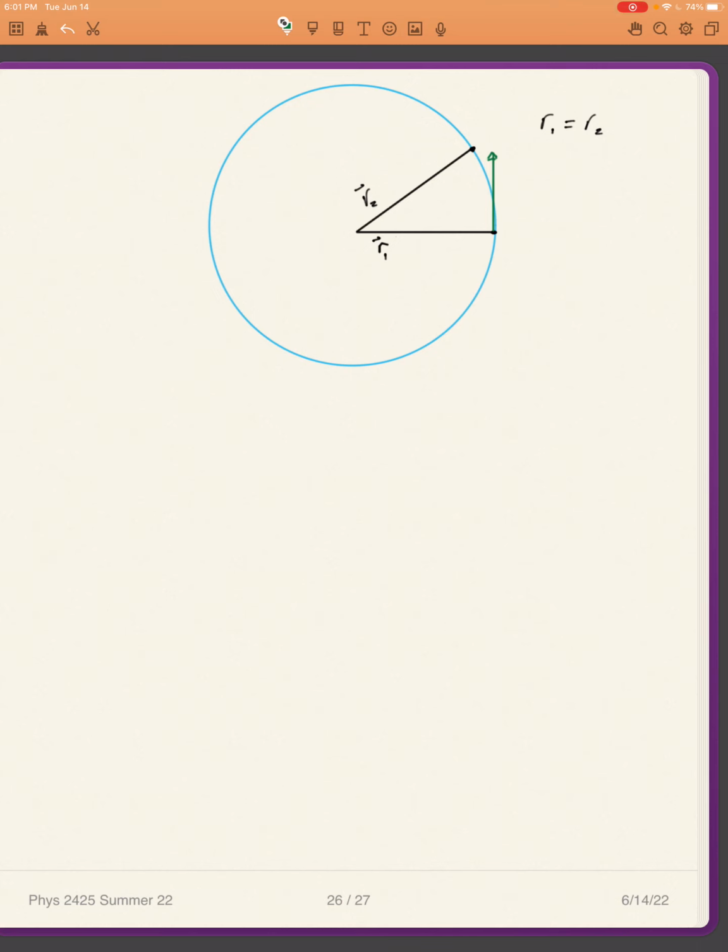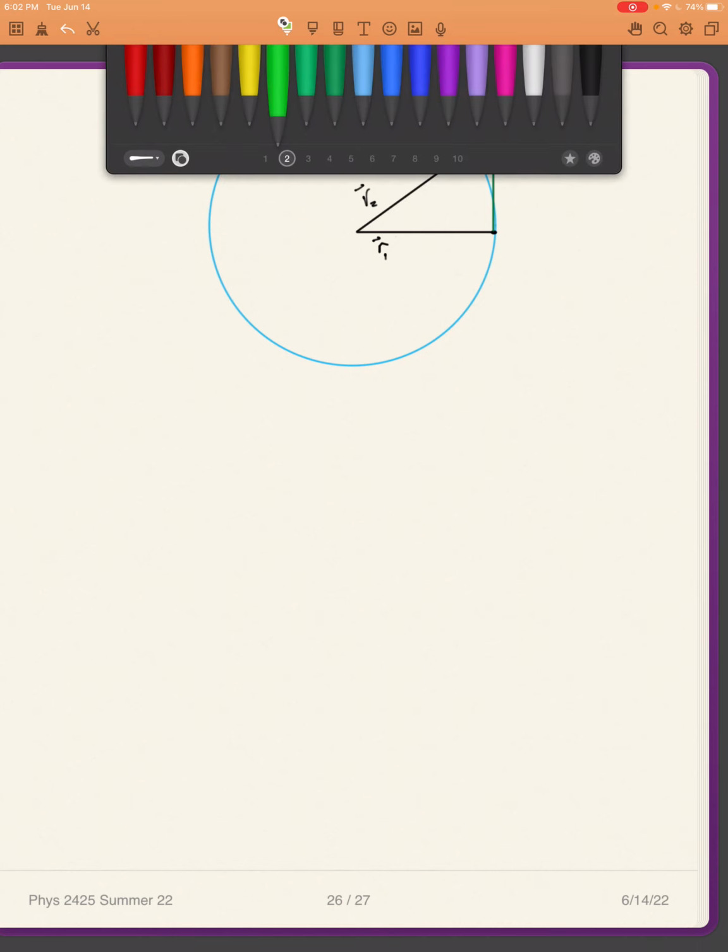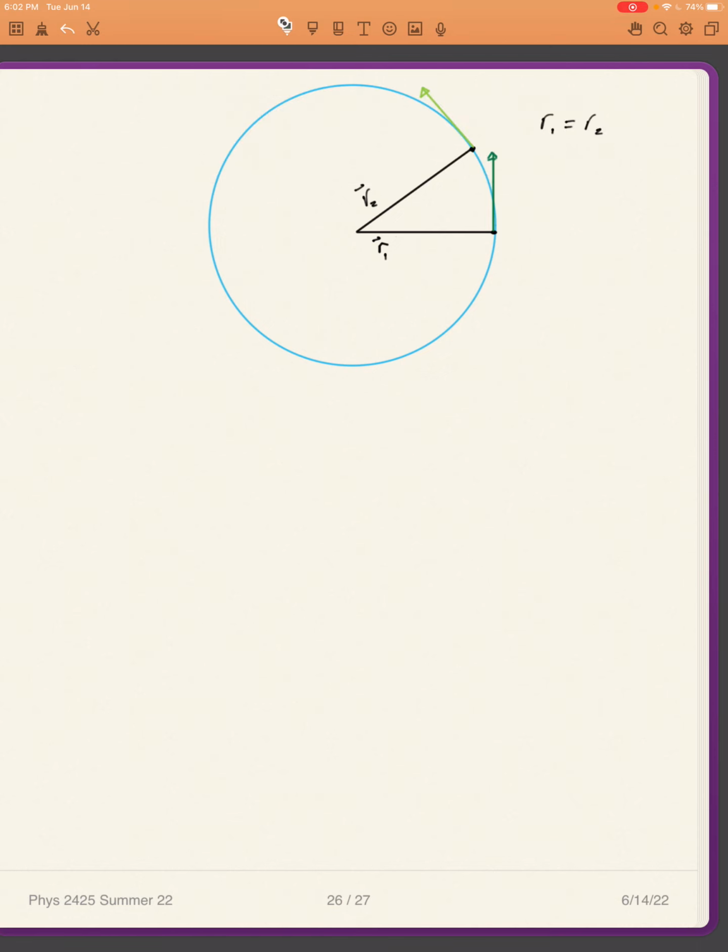And then at some time 2, it's moving maybe like that. I'm not sure my two vectors are the exact same length, but they should be, because this is uniform motion, so the speed is not changing, and the distance of the object from the center of the circle is also not changing. Now, because this is tangential motion, the angle between the r vector and the velocity vector is always 90 degrees.